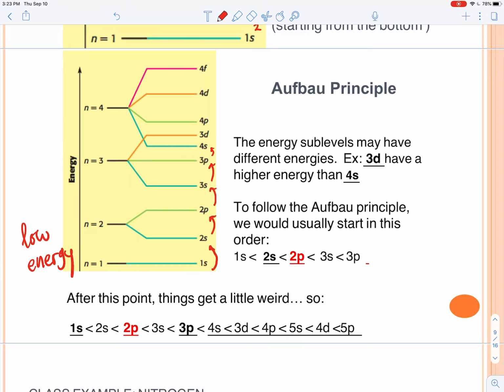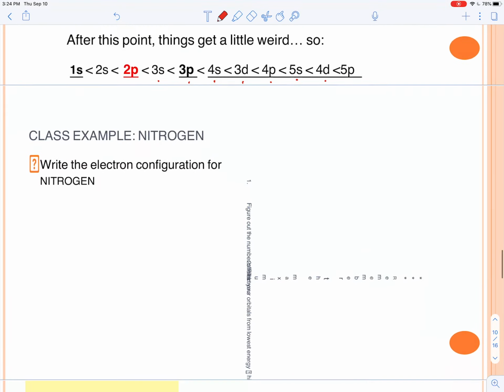And we're filling it from lowest energy to higher energy. Okay? So the order is going to be 1s, 2s, 2p, and then 3s, 3p, 4s, 3d, 4p, 5s, etc. Okay, we want to keep in mind those maximums.